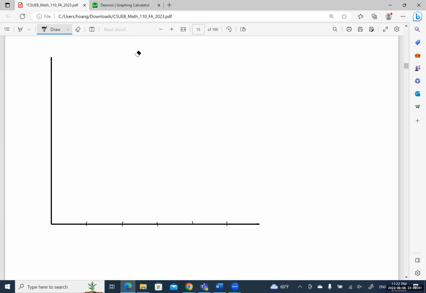Okay, now it's perfect. So here's 10, here's 20, here's 30, here's 40, here's 50, and I'm going to say here's price, p in dollars, right? And for the vertical axis, I'm going to say f of p, which is demand.